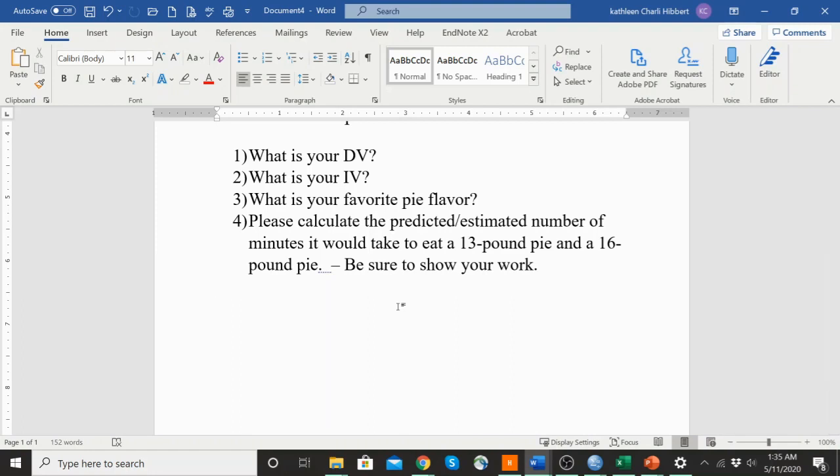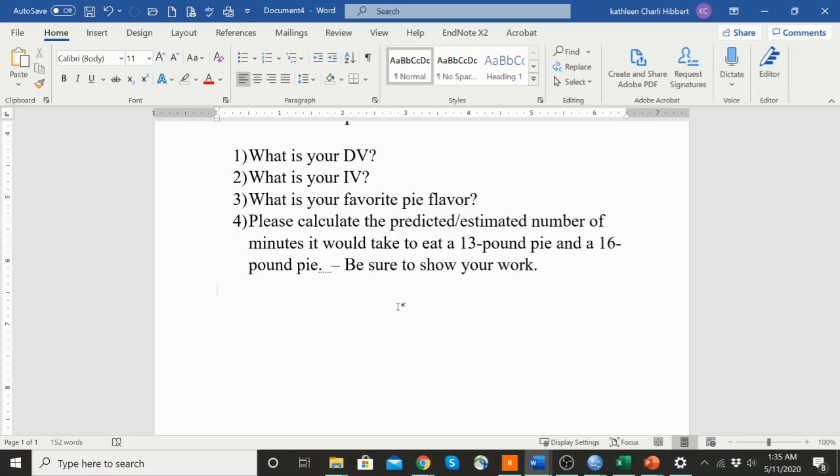Number 2, what is your independent variable? Number 3, what is your favorite pie flavor? Again, be creative. Number 4, please calculate the predicted estimated number of minutes it would take to eat a 13-pound pie and a 16-pound pie. Be sure to show your work.